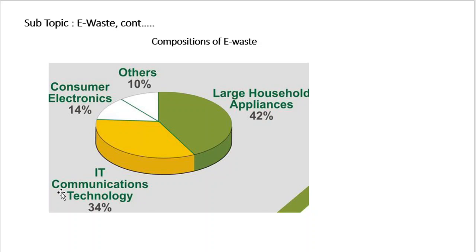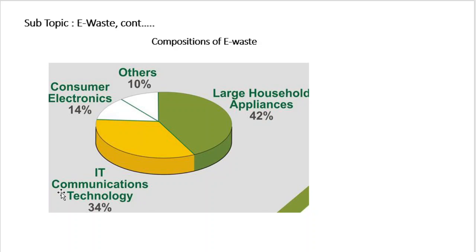Another example we can see. So those are the examples of large household appliances: ovens, mixers, grinders, refrigerators, inductions. These cause the highest composition in e-waste, that is 42%.